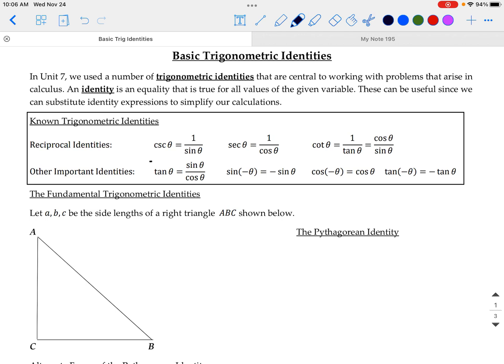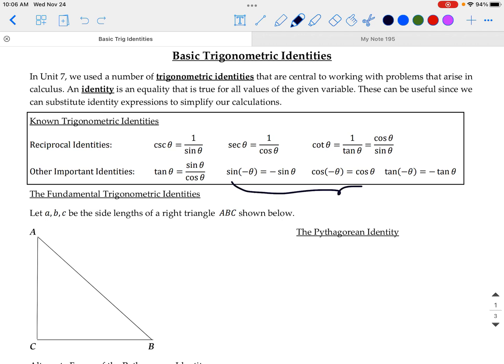And for tangent, it's very useful to remind ourselves that tangent is the ratio of sine to cosine. That we derived from the unit circle, where we saw that tangent theta was equal to y over x, and y is the sine value, x is the cosine value.